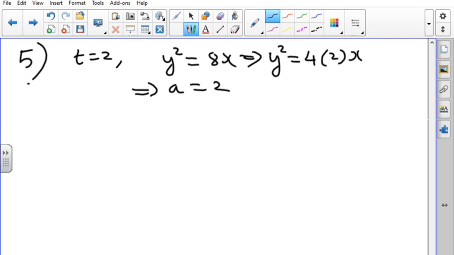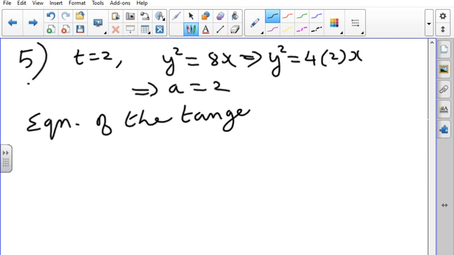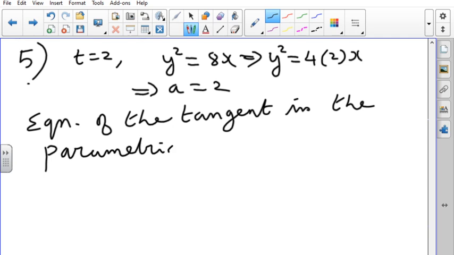Now what about the equation of the tangent? In the parametric form, the equation of the tangent is yt is equal to x plus at square.